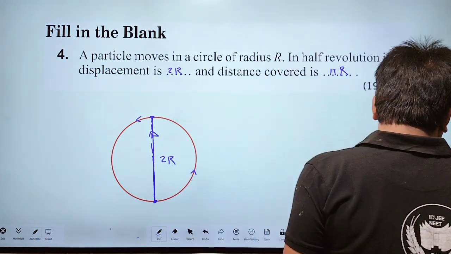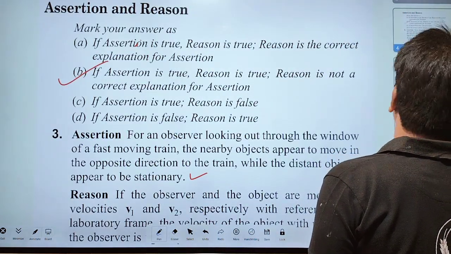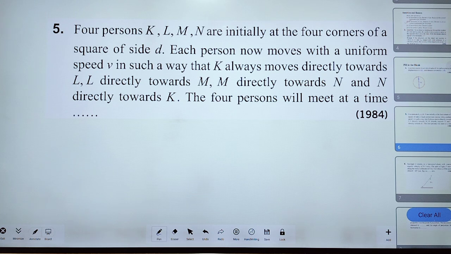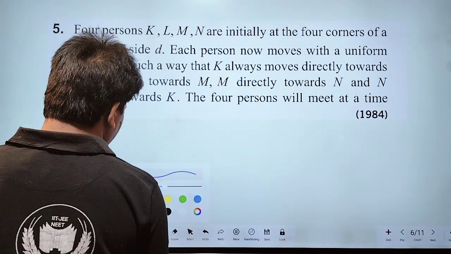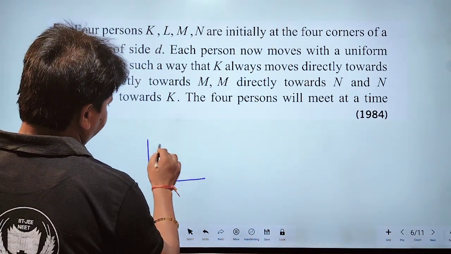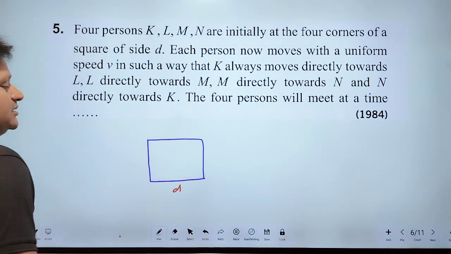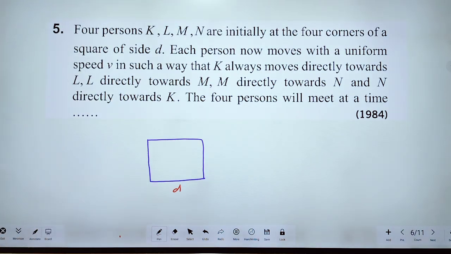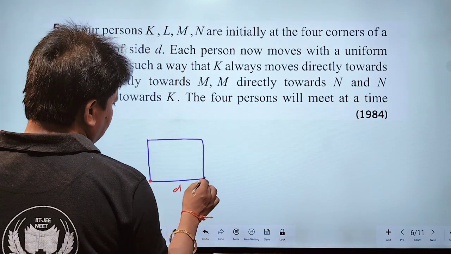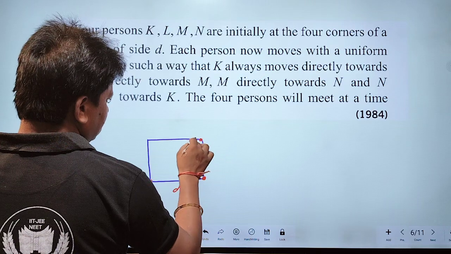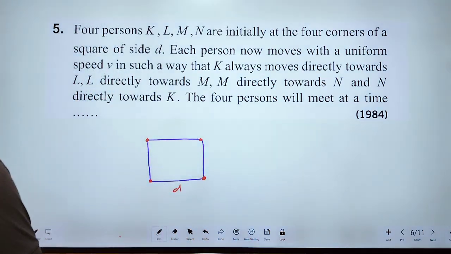Okay. Now I am going to solve question number 5. 4 persons K, L, M, N are initially at the 4 corners of a square of side D. This is a square, and the length of each side is D. One person is here, another person is at this point, and another at this point, and another at this point.